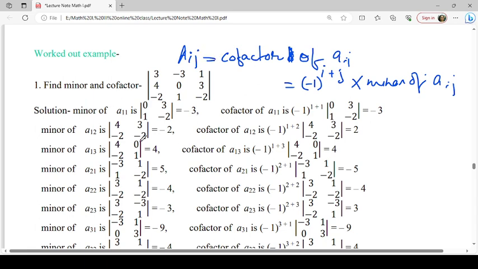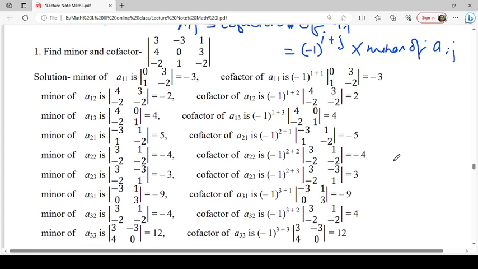From this example we see this. The minor of a11 is this, and the minor of a12, first row, second column, is 4 3 minus 2 minus 2. And the cofactor is minus 1 to the power 1 plus 2, that is i plus j. So these are the examples.